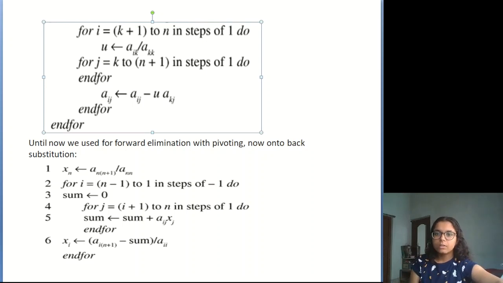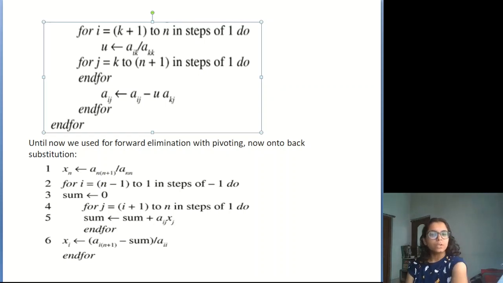The next step is our back substitution. After doing all the forward elimination with pivoting, we move on to the last step, which is back substitution, so that we could get the answers for x1, x2, x3, and all the variables.